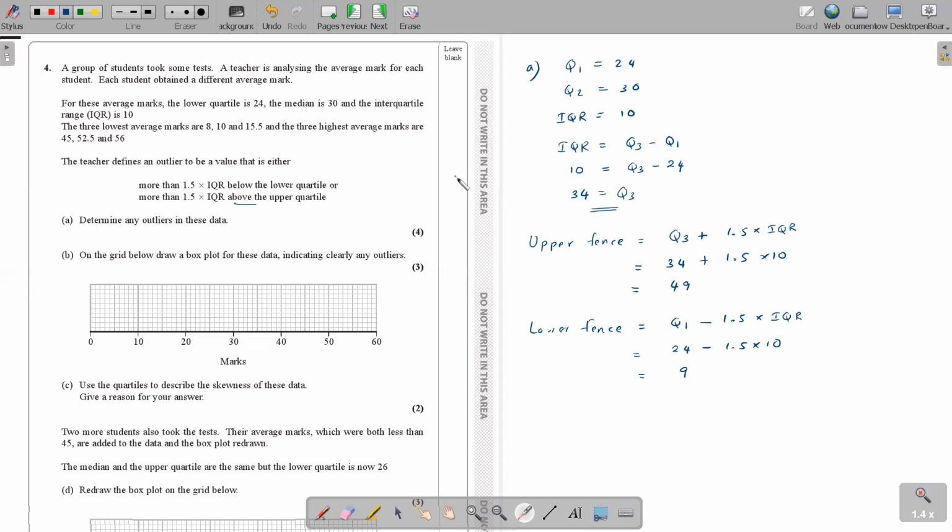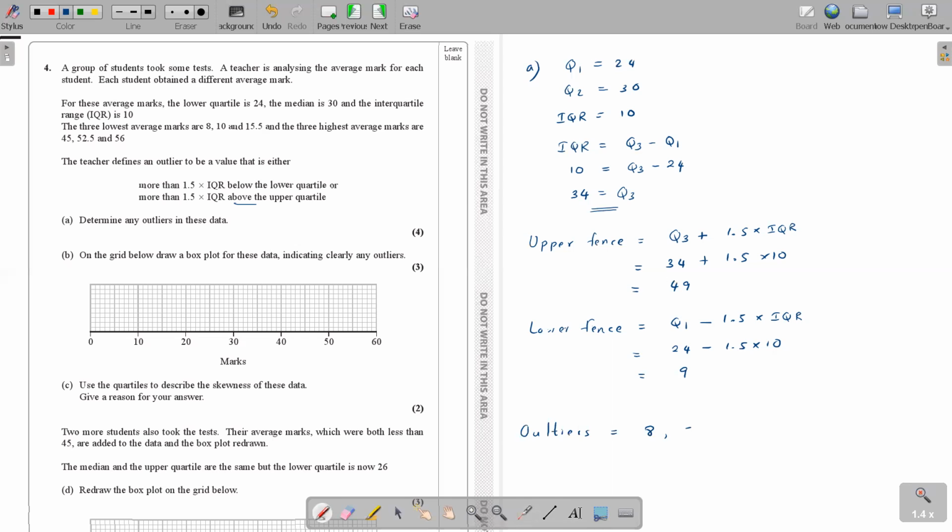Anyway, the first 3 and last 3 are more than enough, because normally outliers occur not in the middle but at the extreme ends. So check the extreme ends. Do we have any value lesser than 9? The lowest values are 8, 10, 15. Yes, there is a value lower than 9. So the first outlier is 8. And is there any value bigger than 49? Yes.